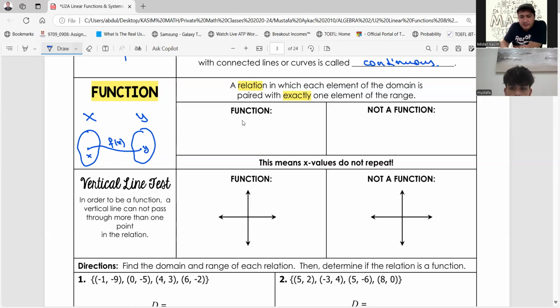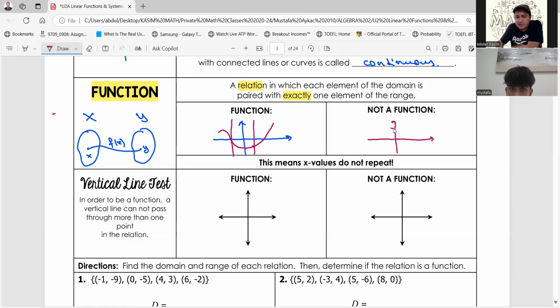Example for a function: suppose that we are given this kind of graph, okay? So the graph is something like this. That is the graph of the function. For each value, if I draw a vertical line, you see here, it crosses at 1 point. If I draw here, 1 point, which means every x value is producing a single value. And how about if we have a graph like this?